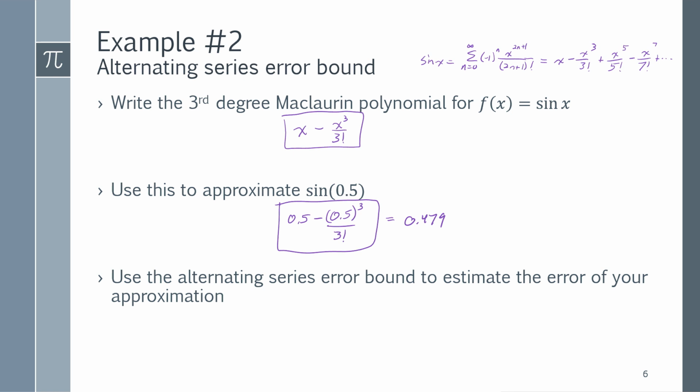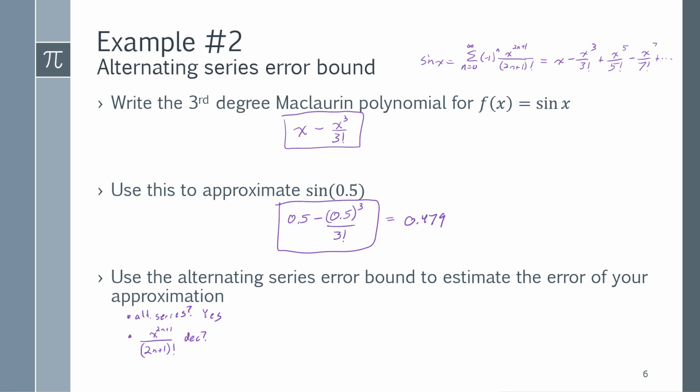So first thing I need to check, is this an alternating series? Yes, it is. I can see plus, minus, plus, minus. If I ignore the alternating parts, is x^(2n+1) over (2n+1) factorial decreasing as n is going towards infinity?